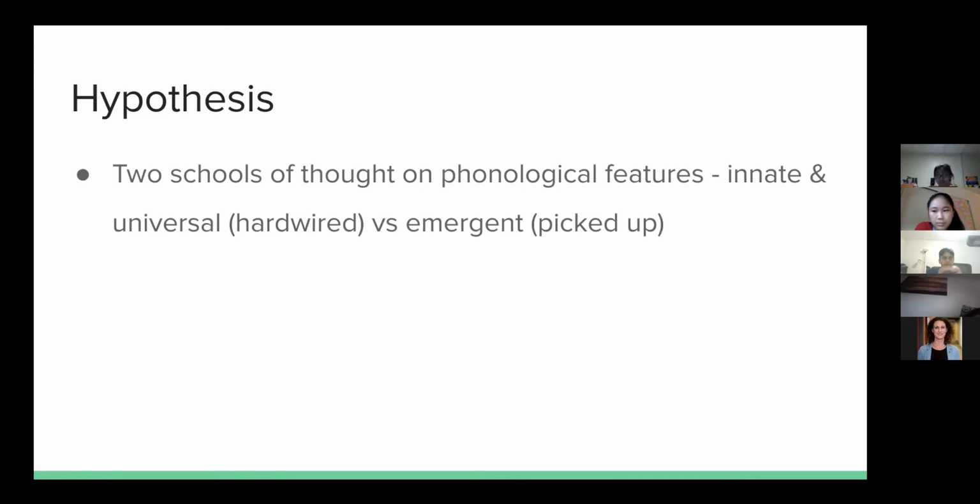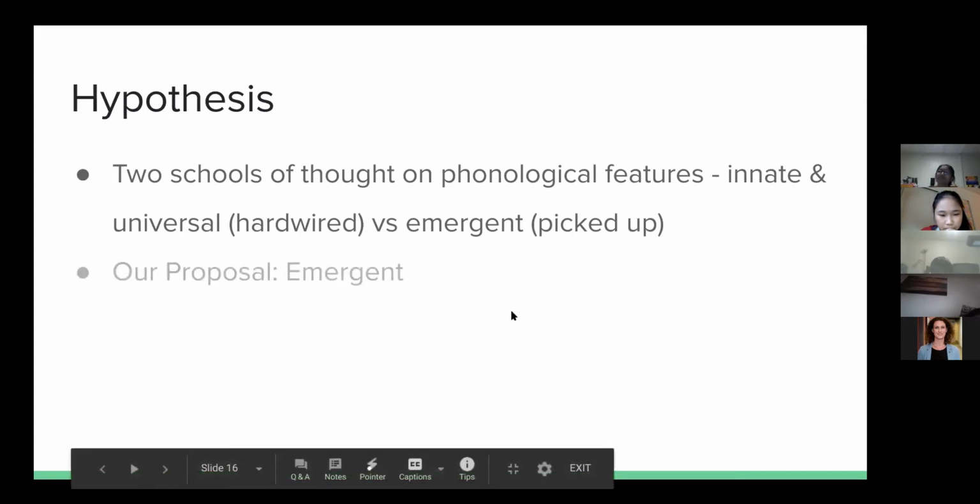A newer school of thought came up more than 30 or 40 years ago. It's the emergent school of thought, which is that phonological features are picked up. Children start out as a blank slate with no specific structure in their mind of how language is supposed to be, and then they eventually pick up on it.